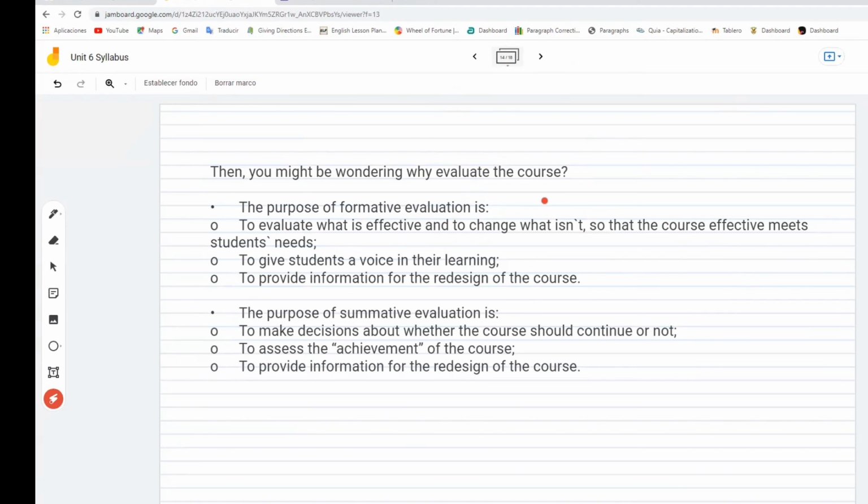The purpose of summative evaluation is to make decisions about whether the course should continue or not, to assess the achievement of the course, and to provide information for the redesign of the course.